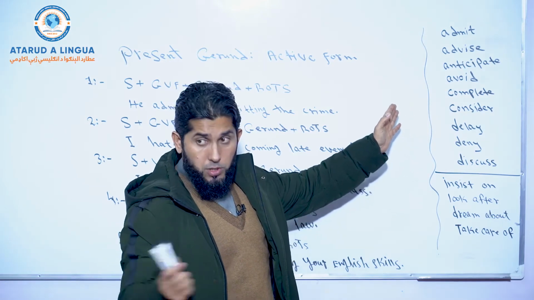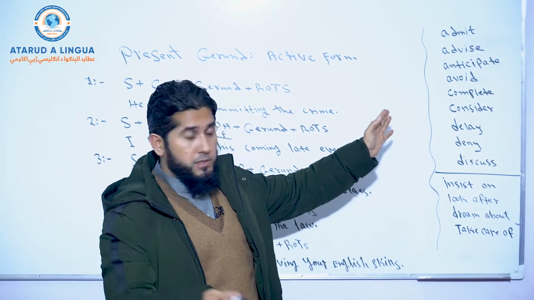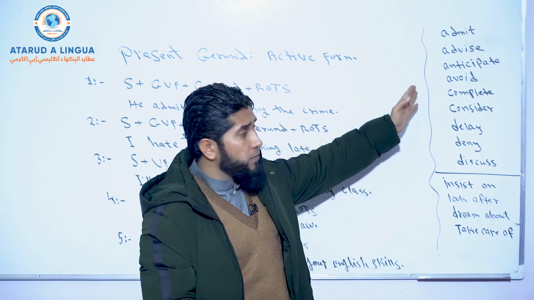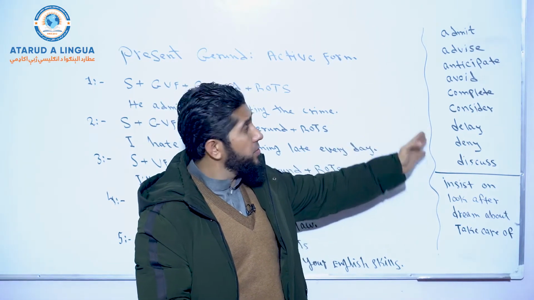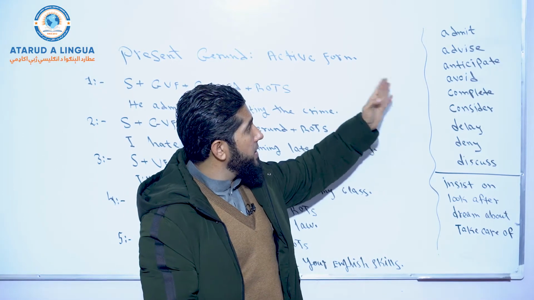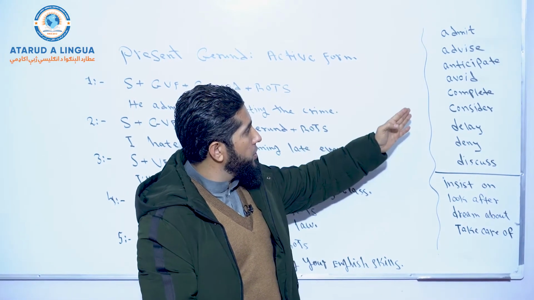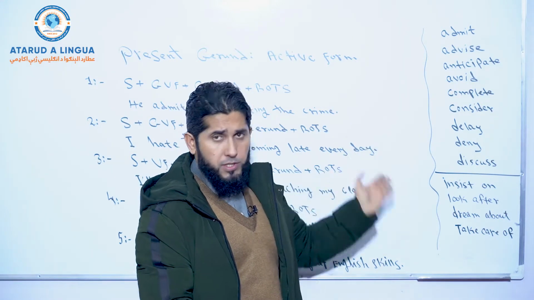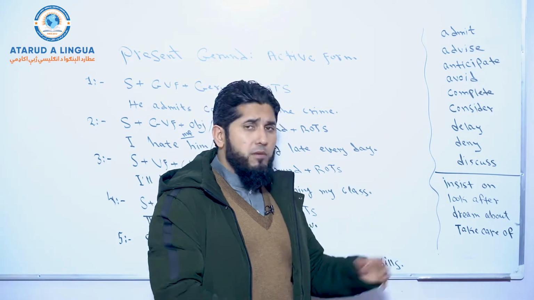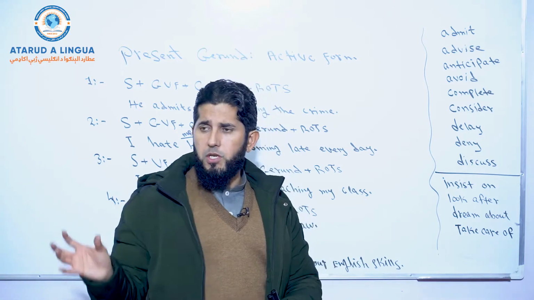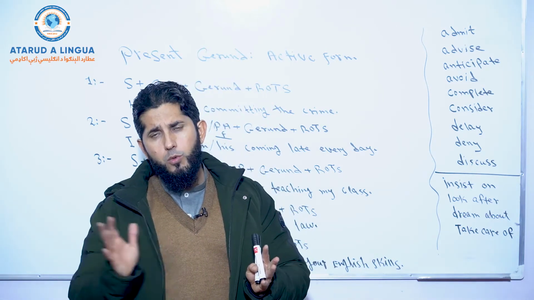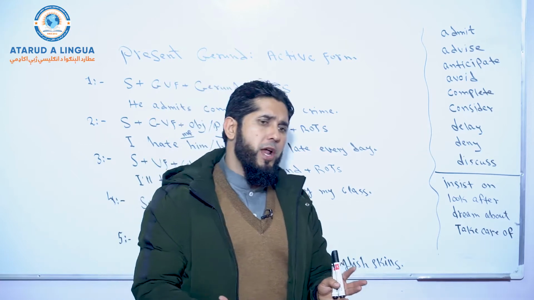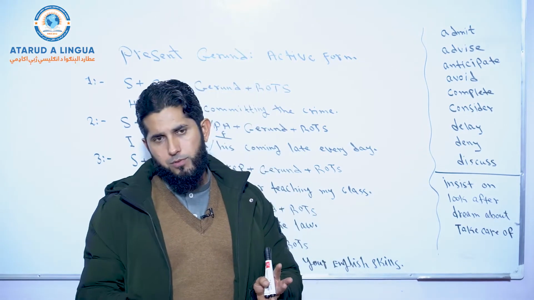Anyways, so now there are many gerund verbs, and you have a list of those gerund verbs in your books that you can use later on when you make examples and sentences. But I've written some of them over here. These are gerund verbs: admit, advise, anticipate, avoid, complete, consider, delay, deny, discuss. And we have some intransitive verbs which take prepositions, and after those prepositions we can use gerund as the object of preposition.